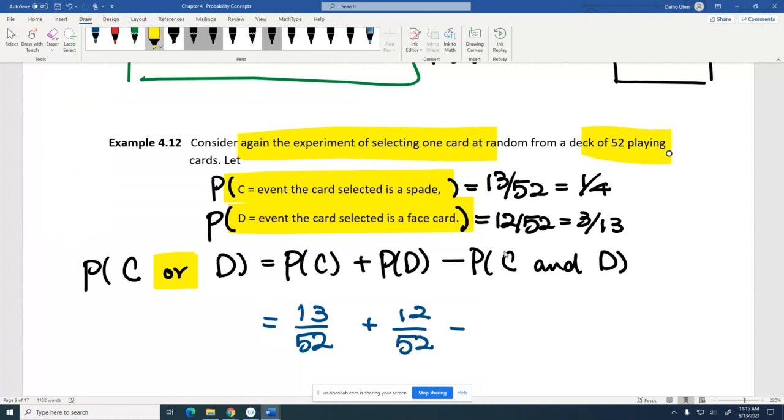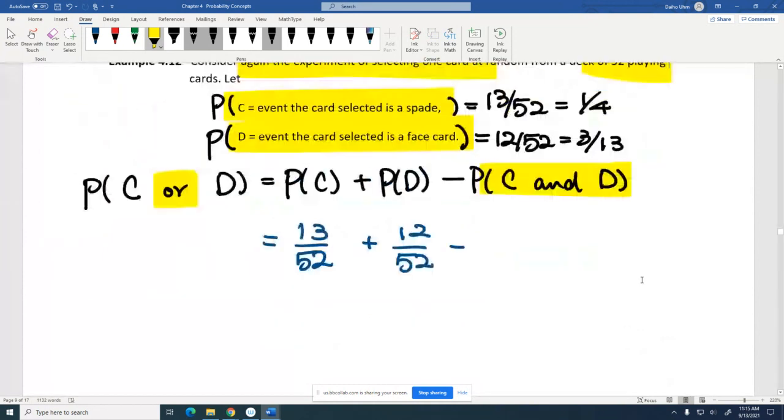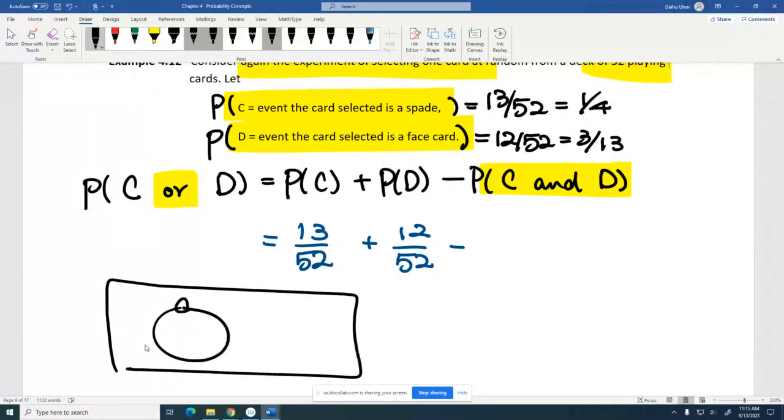Just a second, let me see. C and D. When I make the Venn diagram, here is C, here is D, and C was the 13 spades, and D was the 12 face cards.